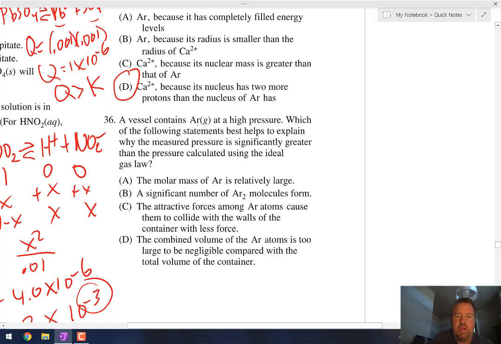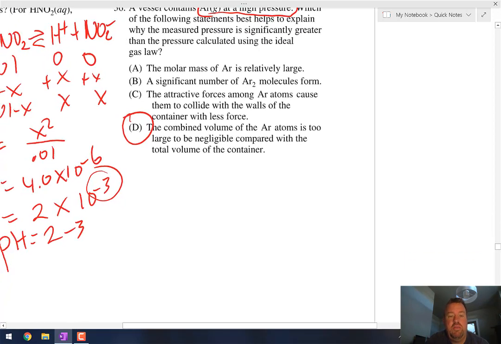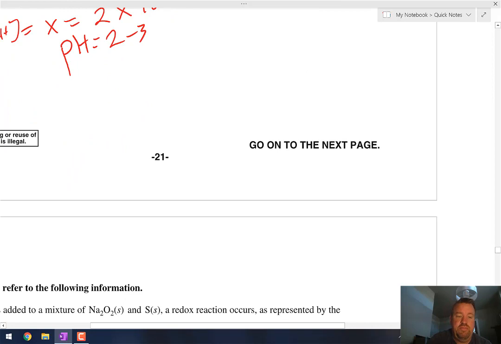So when argon is at a high pressure, it does take up more space than we would actually presume it to with the ideal gas equation. Okay, so when it takes up too much space, then that volume that it does take up, that we presume it doesn't take, it does take some of it up. So the correct answer is D. The combined volume of argon is too large to be considered negligible.